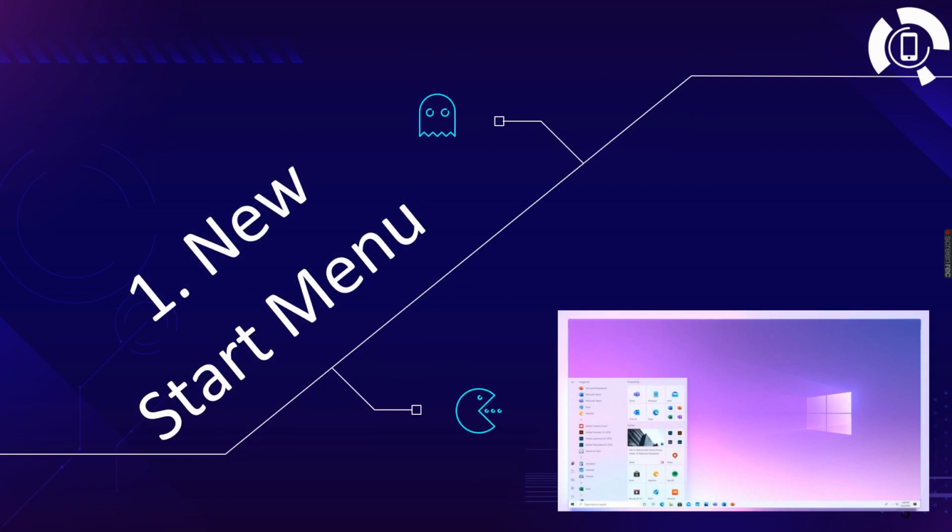The features of Windows 10 are, first, the new Start menu. Microsoft has brought back the Start menu. Now, when you click on the Start button at the bottom left of the screen, you get two panels side by side, with the left column showing pinned, recently, and most commonly used tabs.